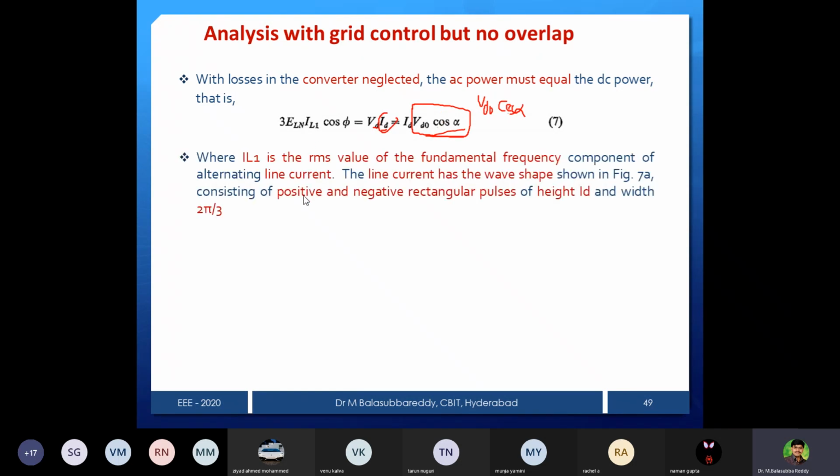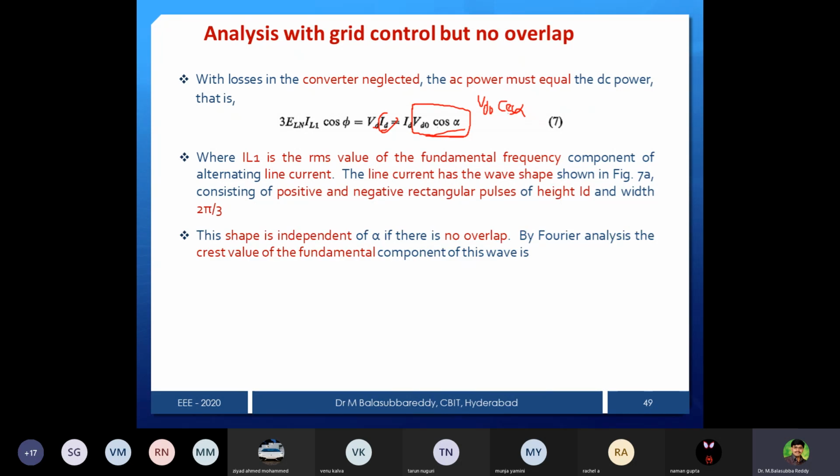From this you can see that, as I mentioned, IL1 is the RMS value of the fundamental frequency component in the line current. The line current has a wave shape with positive and negative rectangular pulses of the Id, each of 2 pi by 3. In each case, two devices will conduct, like 1 2 and 2 3.